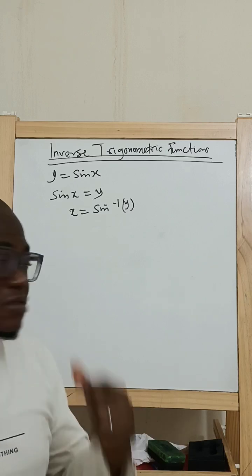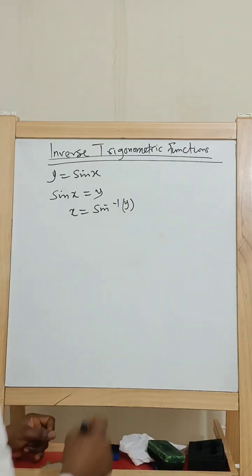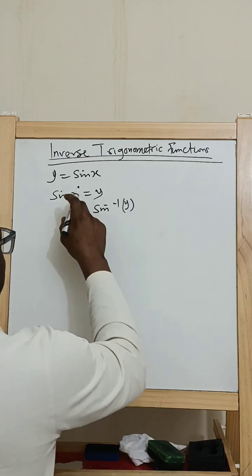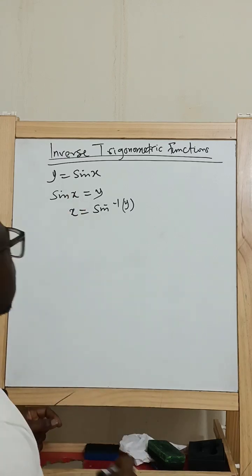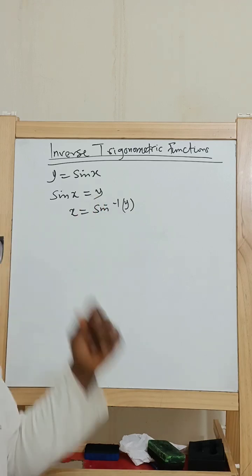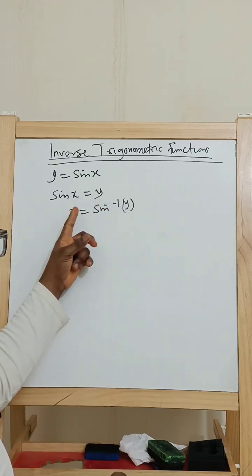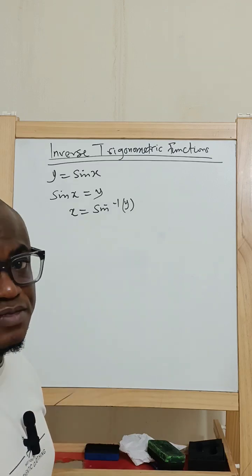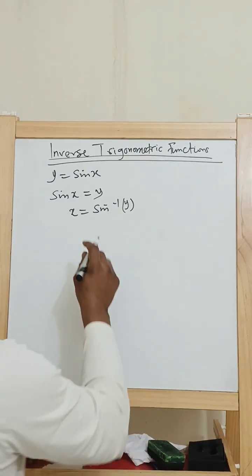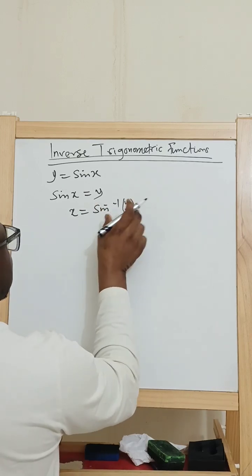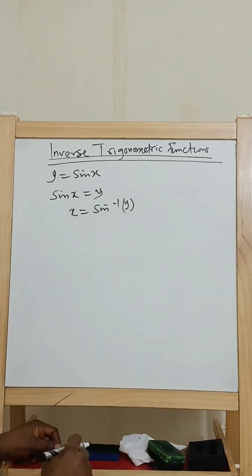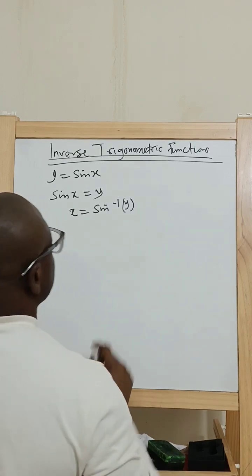So what does that mean? It tells us that x is that angle for which sine x is equal to y. So x equals sine inverse of y.